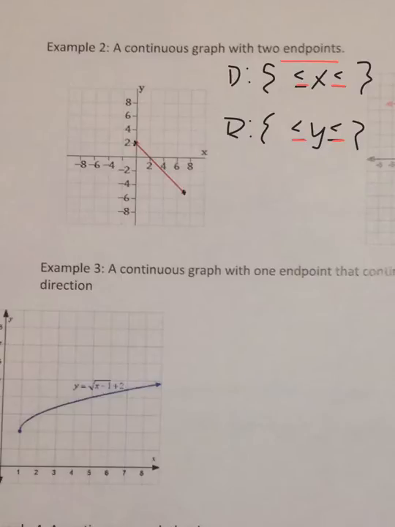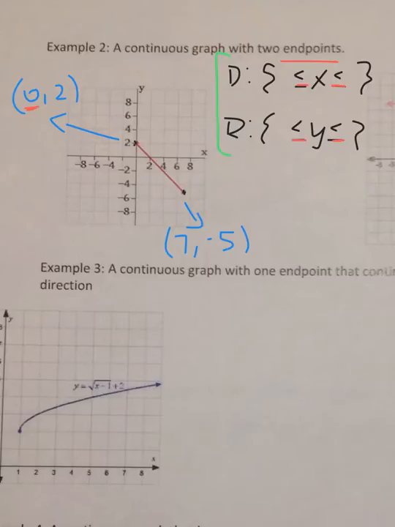So what's going to make it easier is if you actually look at this point and identify it and write it down. It's 0, 2. And then this point right here is 7, negative 5. Write those down because it's going to make it easier for us to fill in our domain and our range values up here. So let's take a look at our domain.